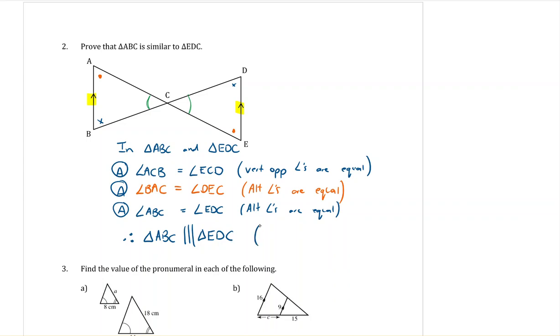And for AAA, we just need to say because they're equiangular. For some of the other ones, it might be 2 sides are in the same ratio and the included angle is equal. It's more the description of the test that you use in that last little statement.